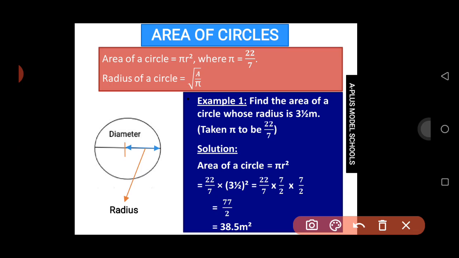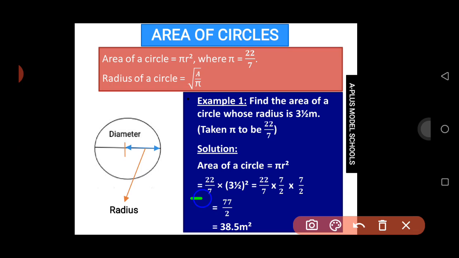So the area of the circle is pi r square, which is what we have been given at the beginning.